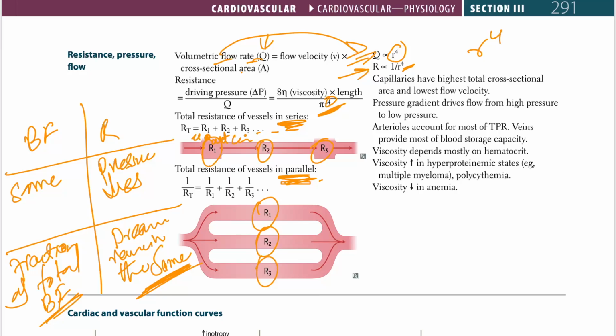This is a high yield point, so let's look at it in more detail. Let's draw it here. R, which is radius, you see it's R^4, right? So resistance is inversely proportional to radius, which is mentioned right here, I'm just writing it down.